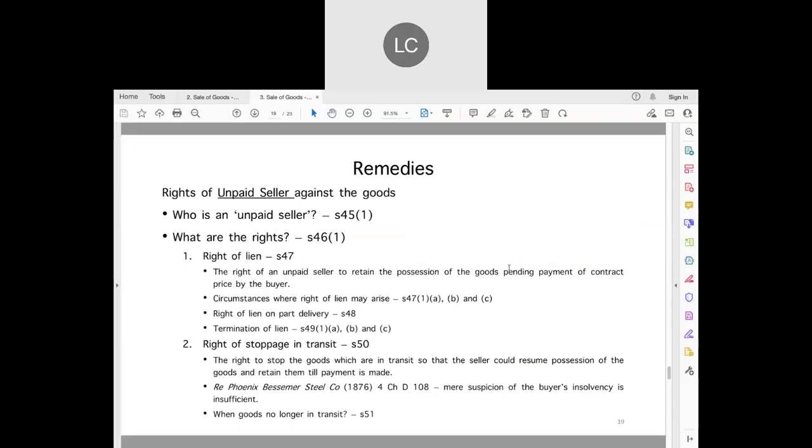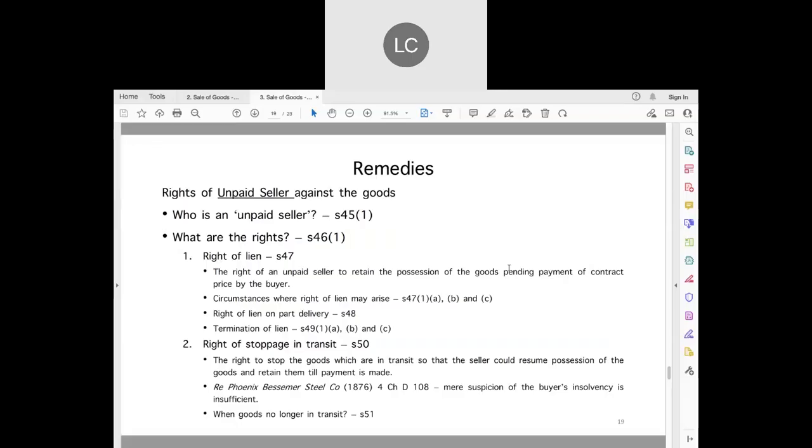And then for paragraph B, when the sale is on credit and the term of credit has expired, this simply means that the buyer fails to pay when it is time for him to pay. And then paragraph C provides for a situation where the buyer becomes insolvent.